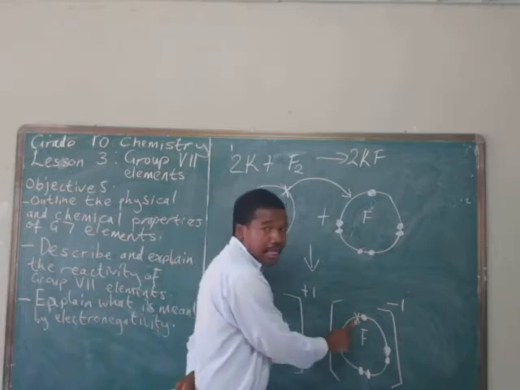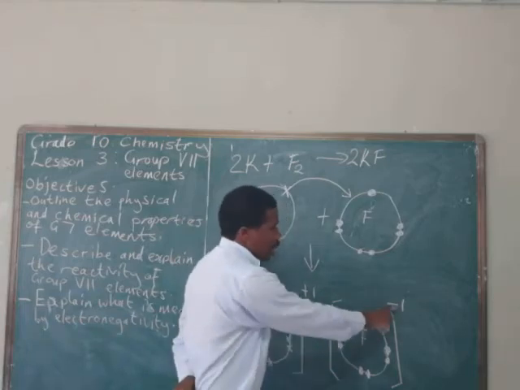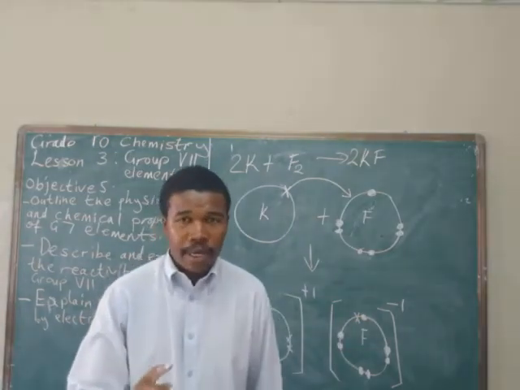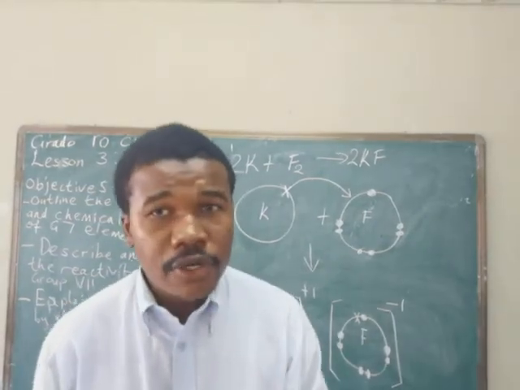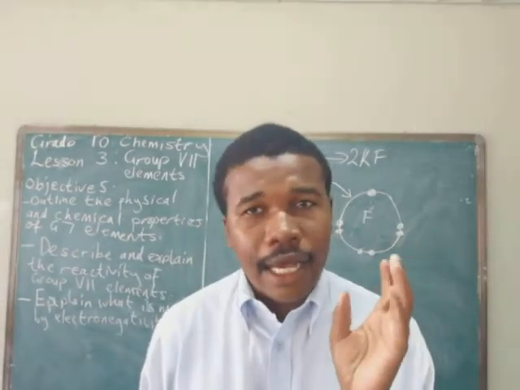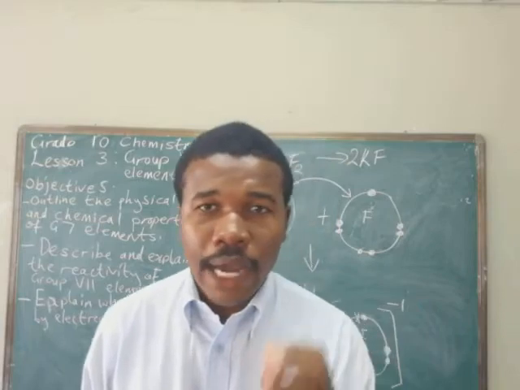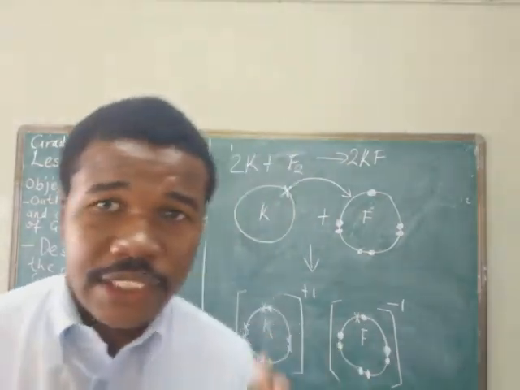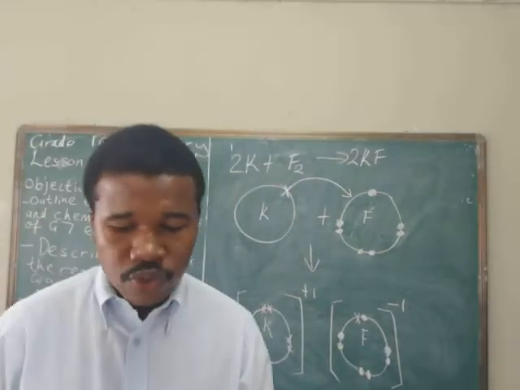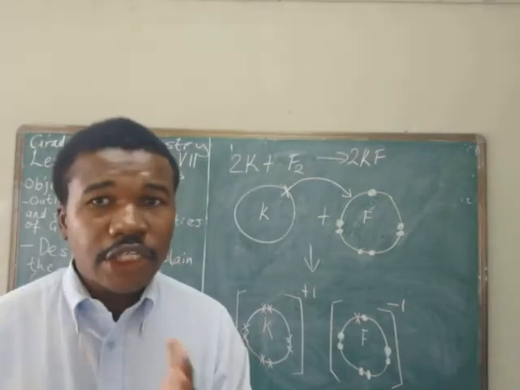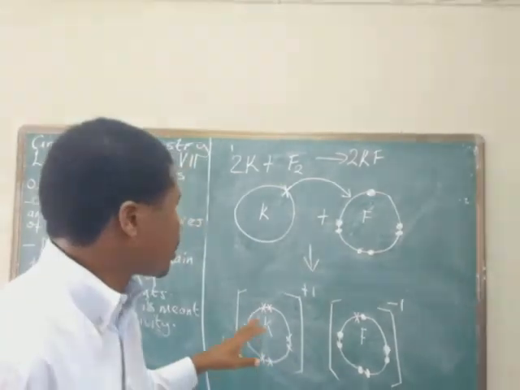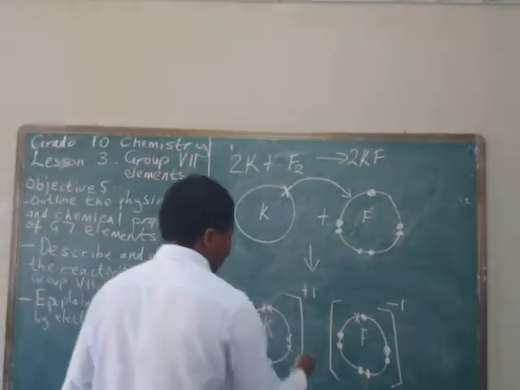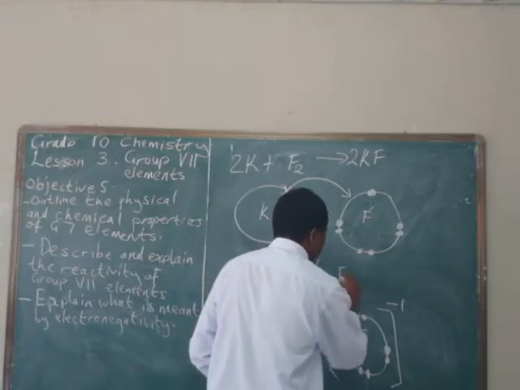Fluorine has now gained 1 electron and now has a charge of -1, which brings us to the key point: atoms in group 7 form ions with a charge of -1, and this one is known as the fluoride.